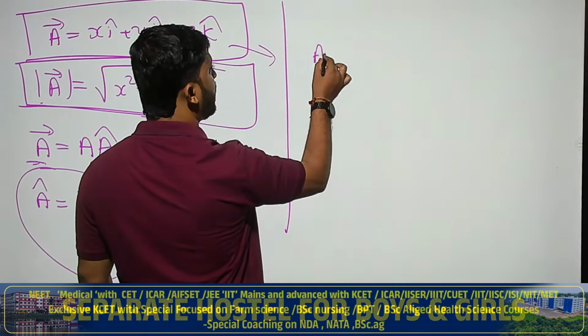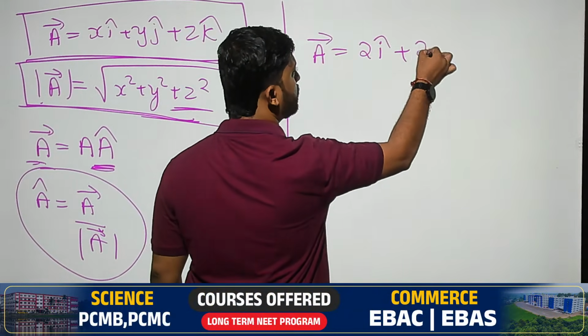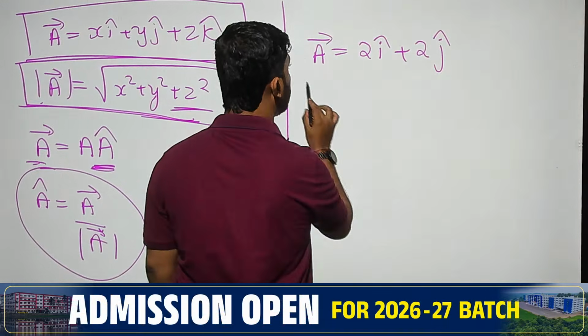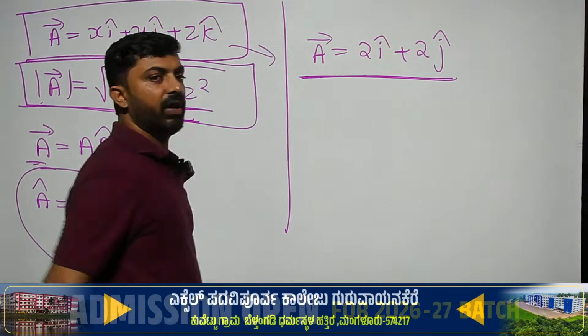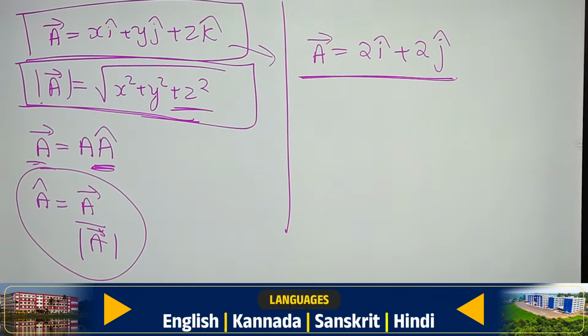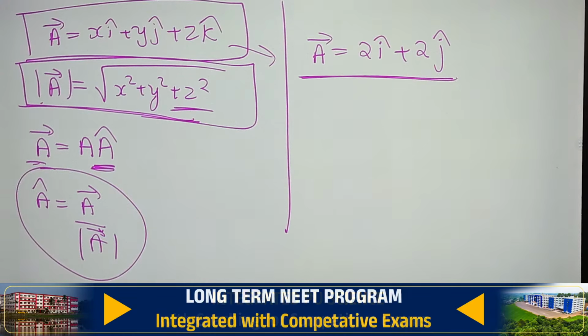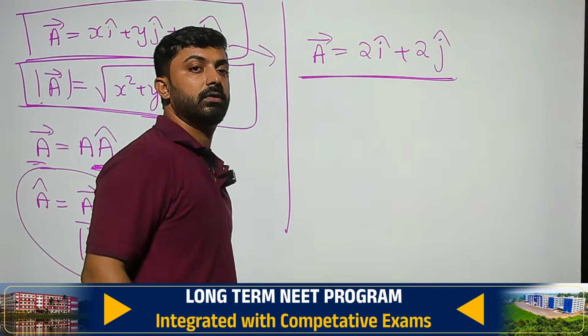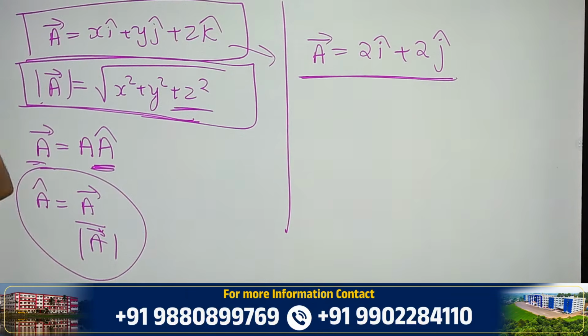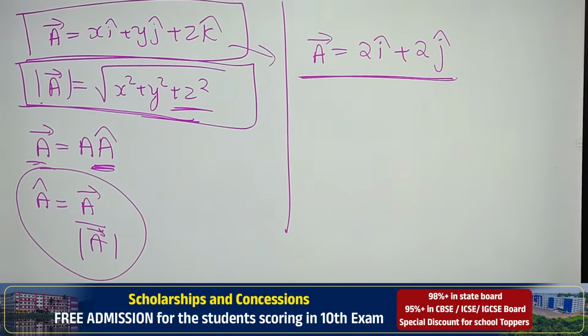we have a vector here. A vector is equal to 2i plus 2j. Now, what is the length of this vector, or what is the magnitude of the vector?